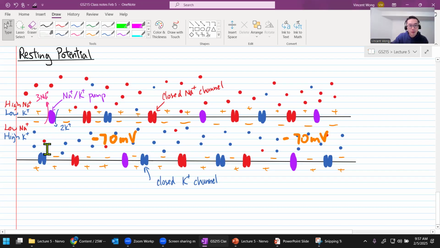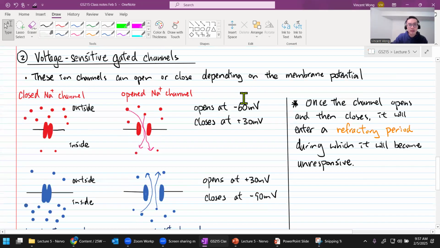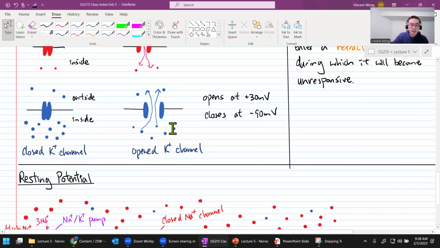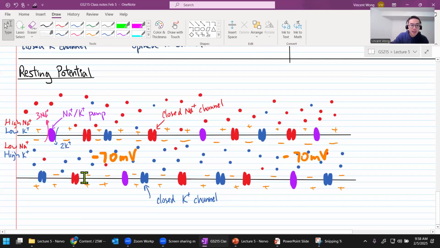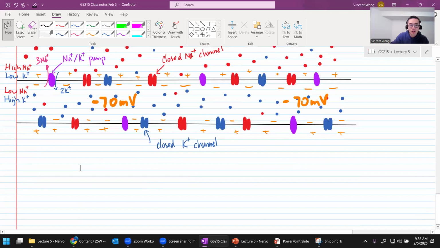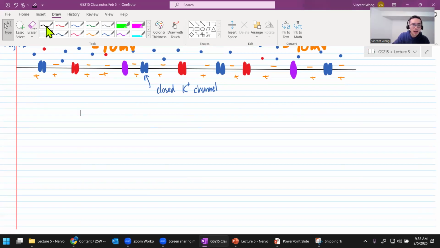However, if we change the number to minus 60 because the stimulus is coming, then you can see negative 60 is actually the opening voltage for the sodium channels. Potassium channels will still stay shut, but the sodium channels will open. And when the sodium channels open, you should understand that the sodium is going to be coming in. So let's draw that out and see what happens.